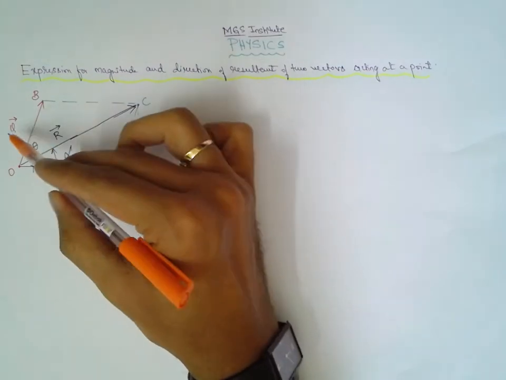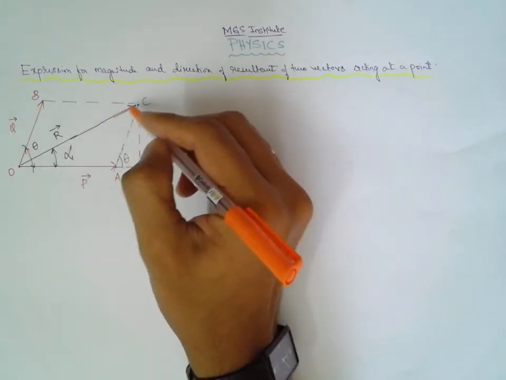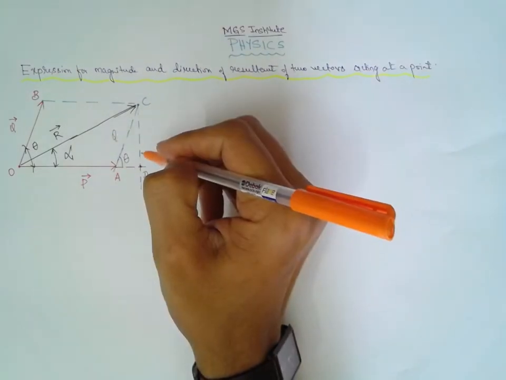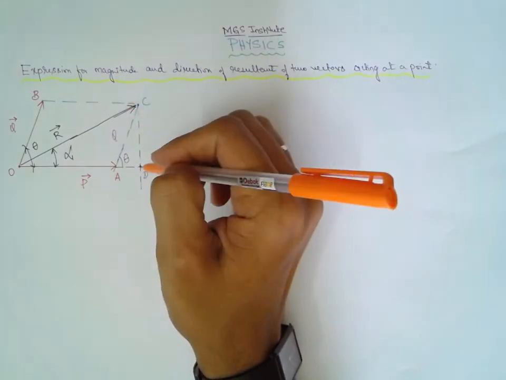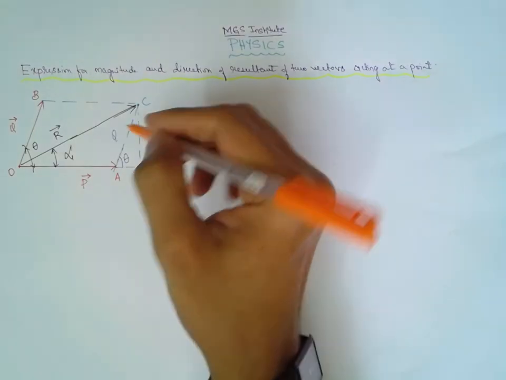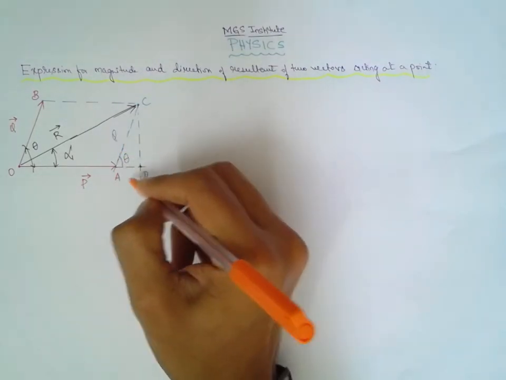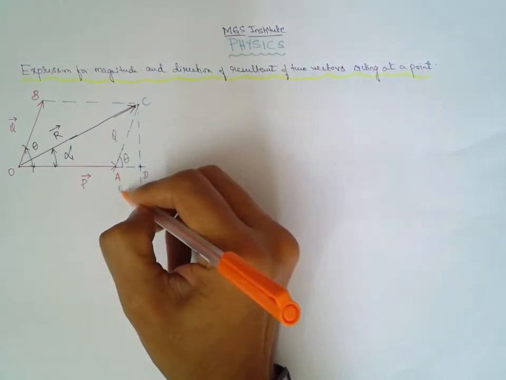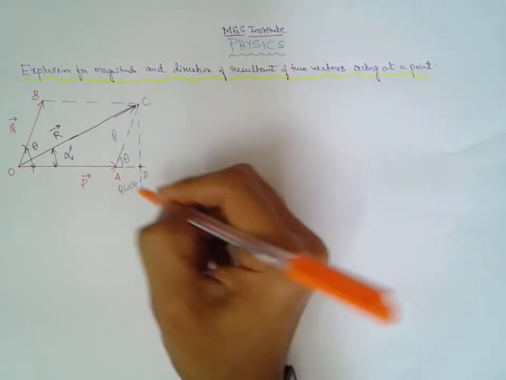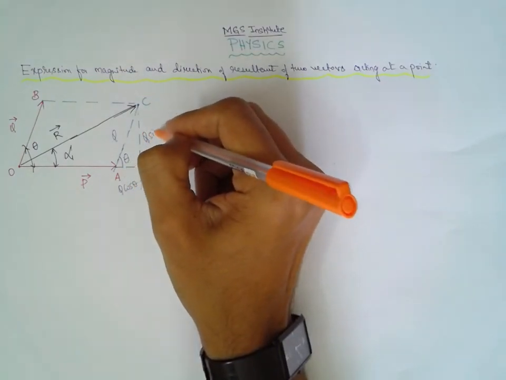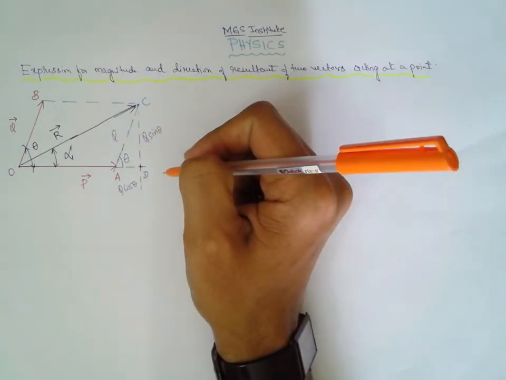If this is Q, this will also be Q. From the resolution of vectors, we know that if this is Q, this is theta, AD would be Q cos theta and CD would be Q sin theta, right?